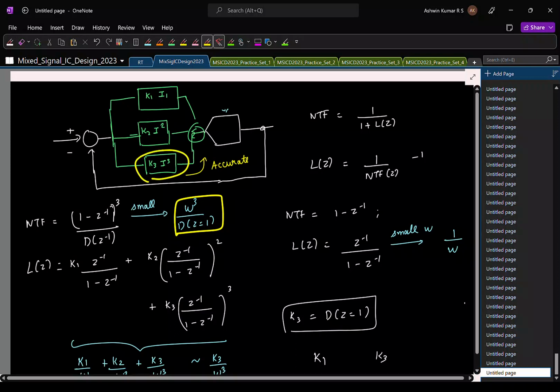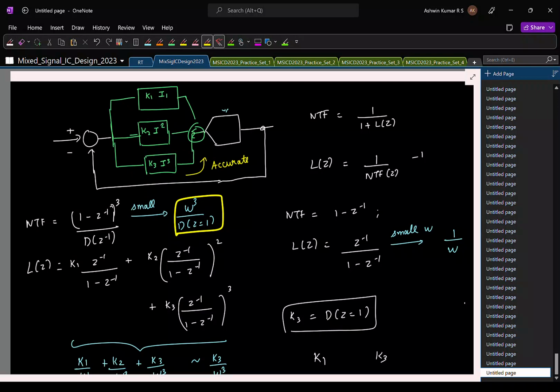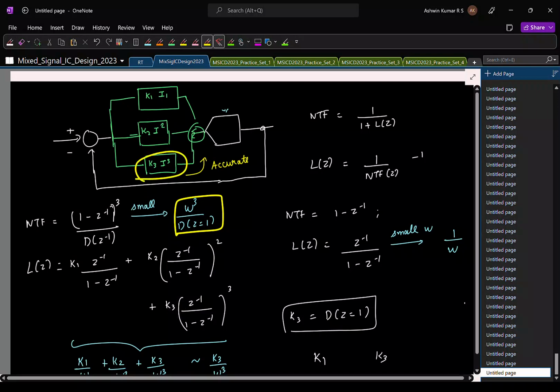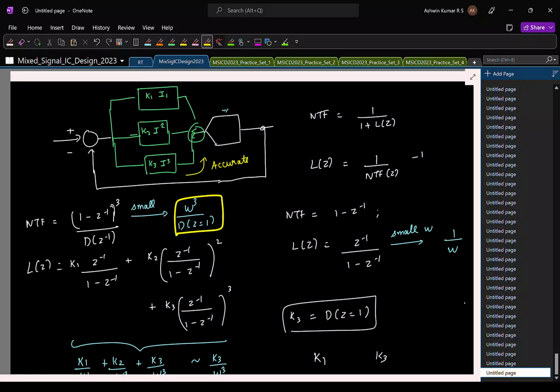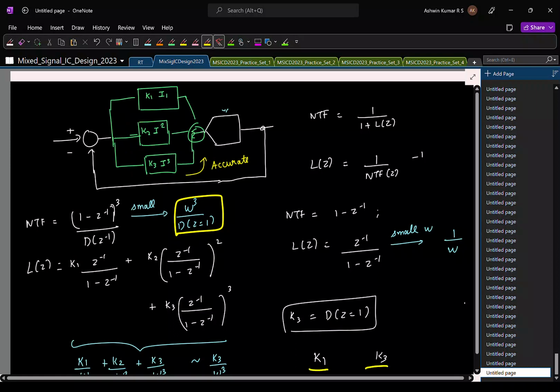If your feedback loop is only dependent on this guy, there is definitely going to be instability. So you need to have a fast and dirty path, and that is what is being provided by these two guys, right? So for stabilizing this loop, this guy must be responding, right? So if that is the case, can you comment on the relative values of K1 and K3?